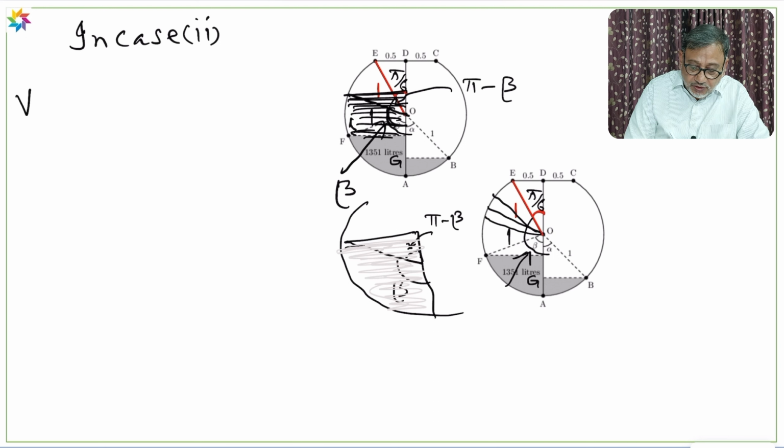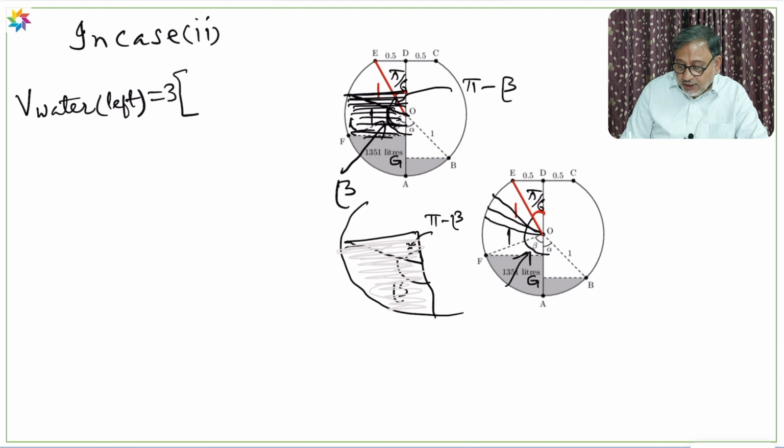So volume of water, V of water on the left side, is equal to 3 times area of sector, which will be half into r squared, that is 1 squared, into beta. So half into 1 squared into beta plus area of triangle.